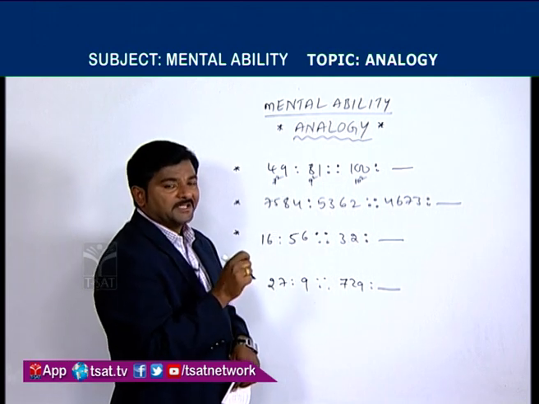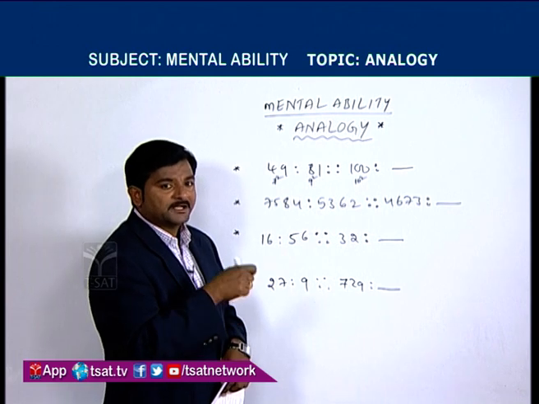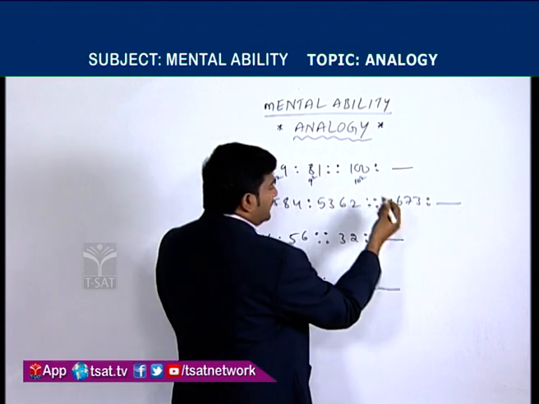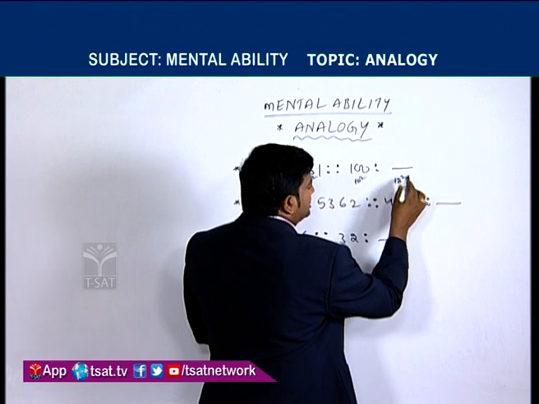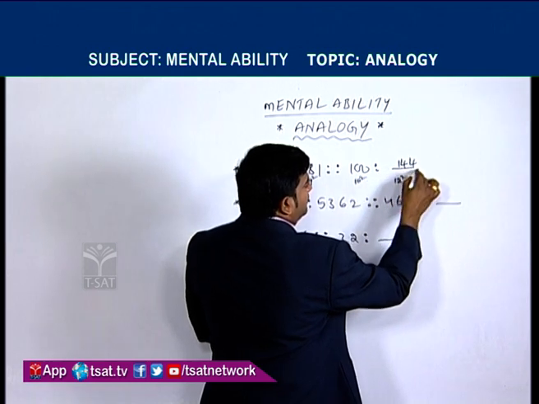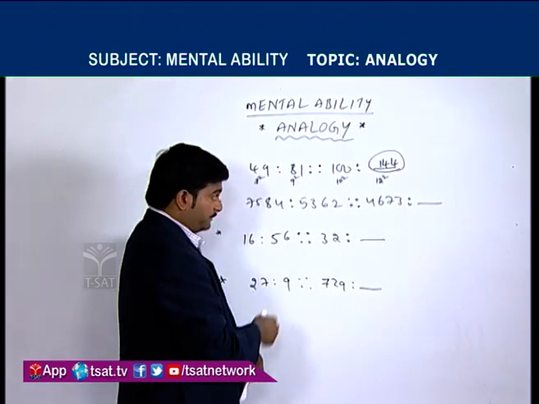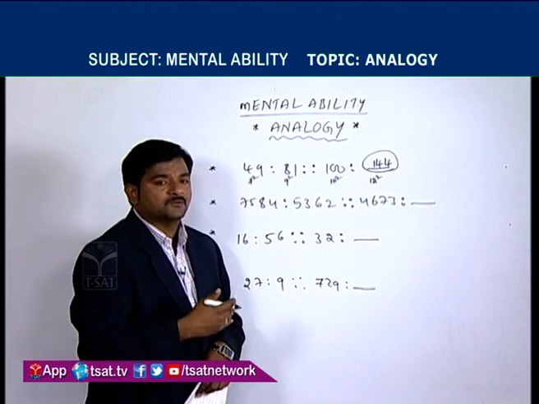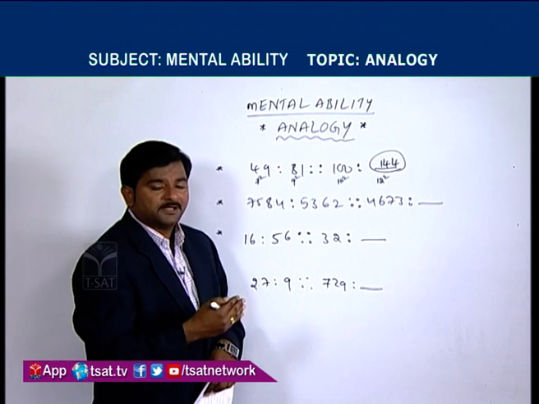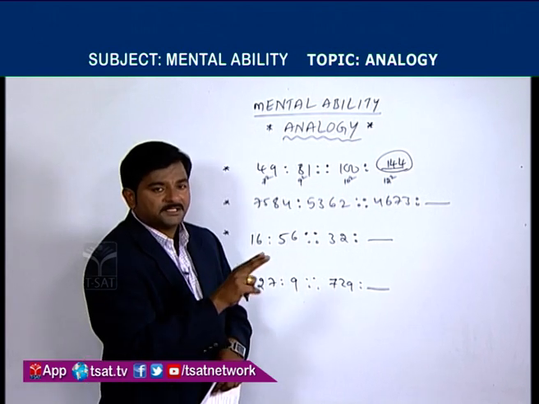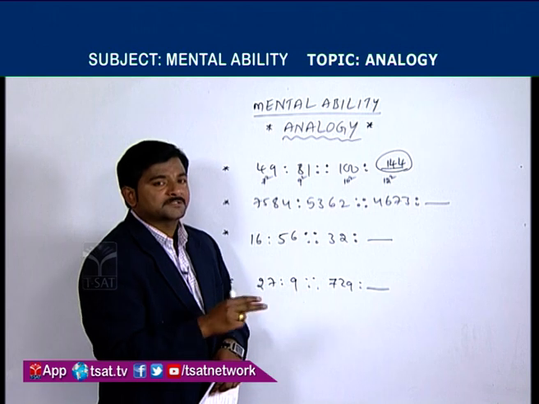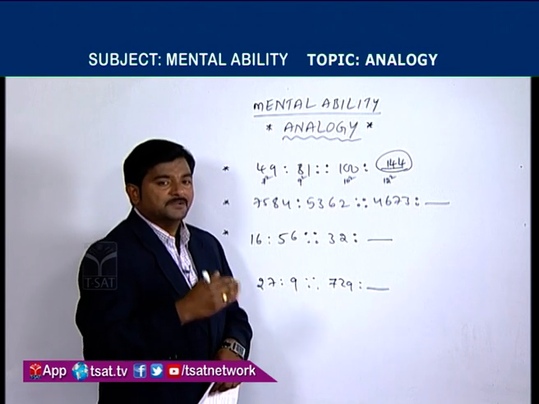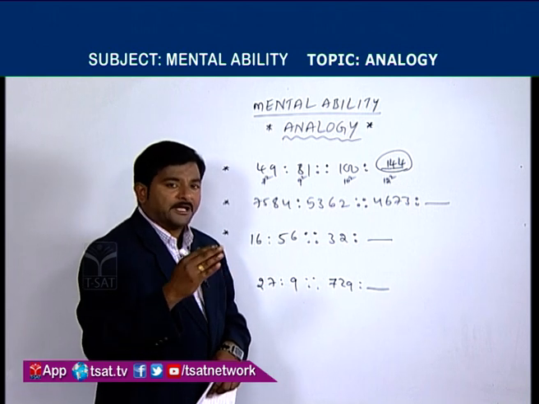For 7 he added plus 2, that's why we are getting 9. For 10 we need to add plus 2, that's why this is 12 square. 12 square value is obviously, how much am I getting? 144. Okay, I hope you understood the logic involved in this question. 7 square, 9 square, there is a gap of 2 between these two numbers. Similarly 10 square, so 12 square. To get the gap, for 10, I need to take 12.